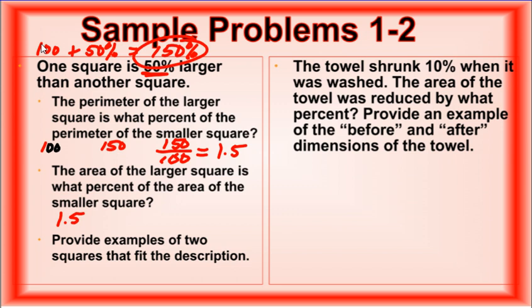So when you're dealing with area and you're comparing percentages, you need to square the scale factor. And so if the scale factor is 1.5 or 150%, I would need to square the 1.5, and 1.5 squared is 2.25, which would equal 225%.